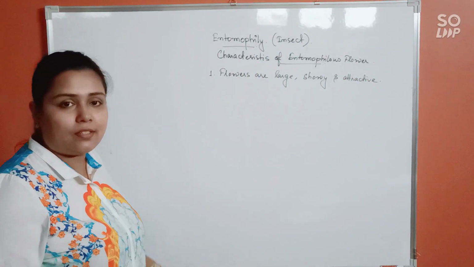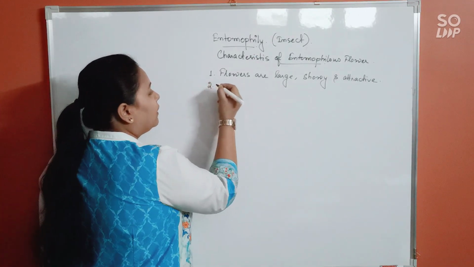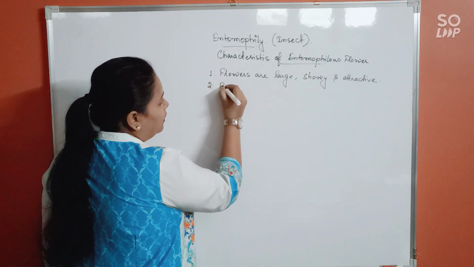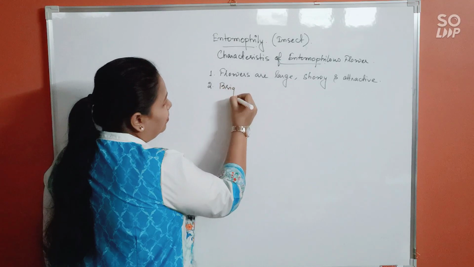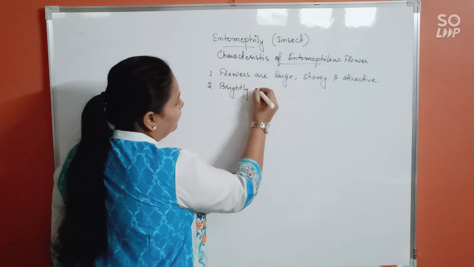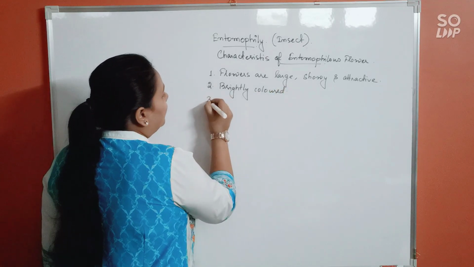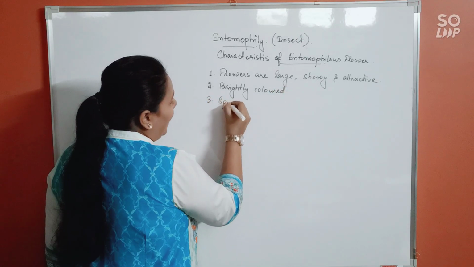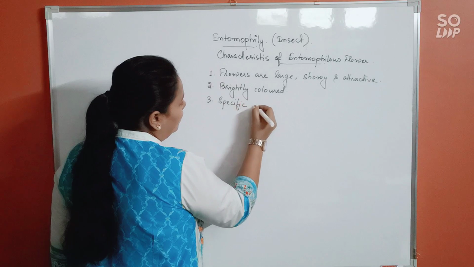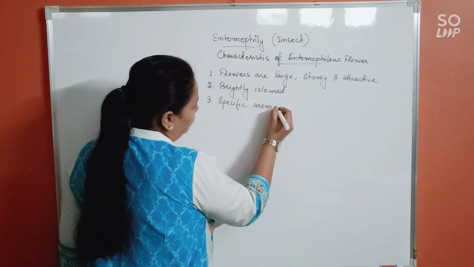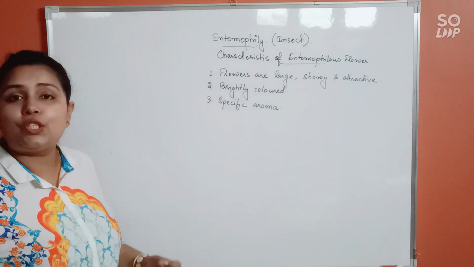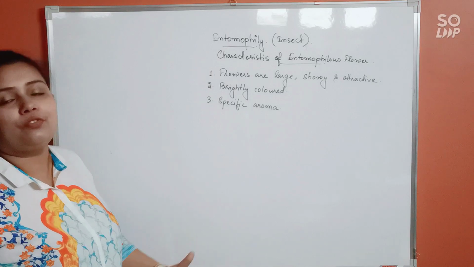They will attract. Now how will they attract? They are very colorful, brightly colored, they have specific aroma. I am talking here about specific aroma. I didn't say beautiful aroma.